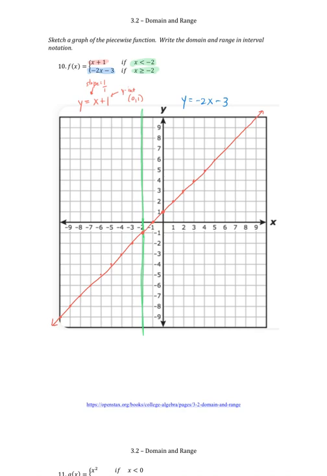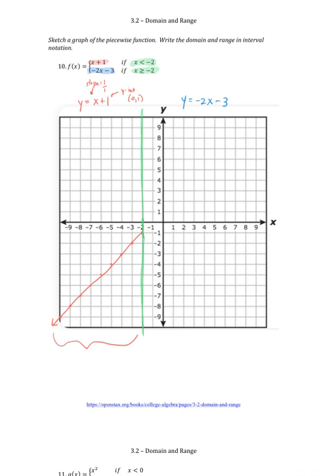So it's only true on this part of the graph. So I need to get rid of all the right-hand side red, because it's not true for that side of the equation. So that's what happens when you have a piecewise defined graph, is that it only works on certain pieces or sides of the graph.